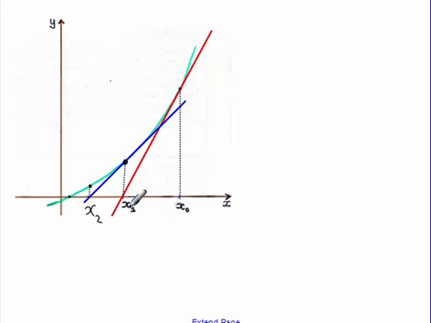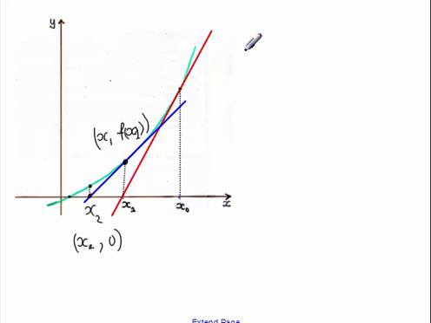So let's do exactly the same thing. What I'm going to do here, we're going to say now, the point here is x1, f at x1. That's the point. Then this point here, like before, is going to be x coordinate x2, comma, 0.